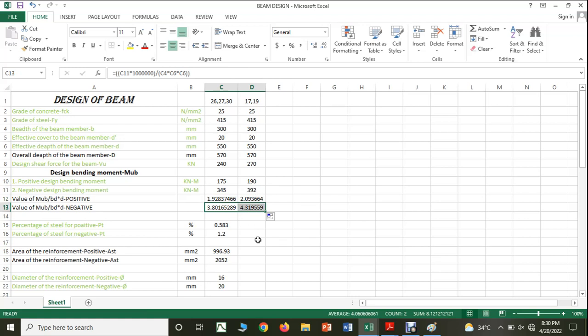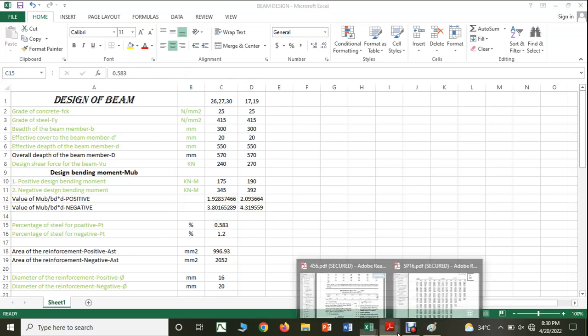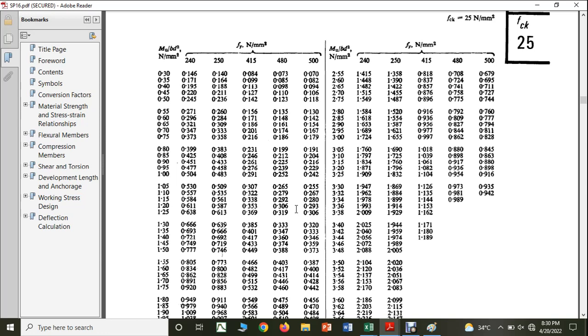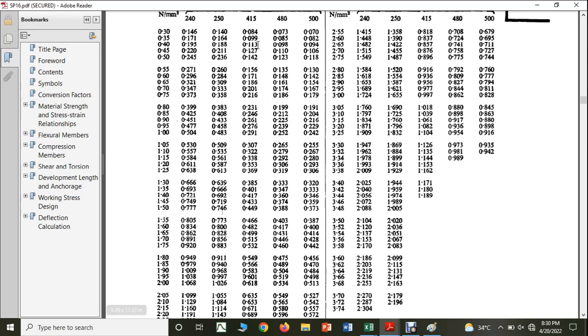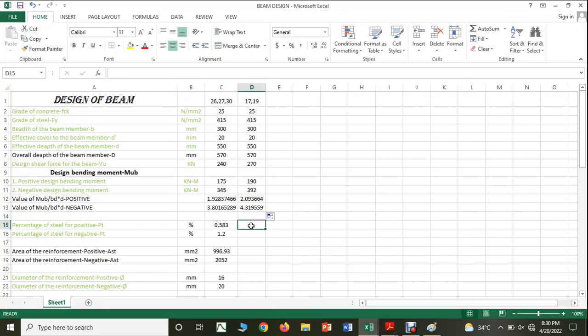So if you see the percentage of steel for 2.0, Mu by bd square is almost 2 with 415. 0.618 is the percentage of steel, and for the other value you are getting 1.2, and you know as per IS 456 2000, the maximum percentage of steel that you can provide for a beam cannot be more than 4%.